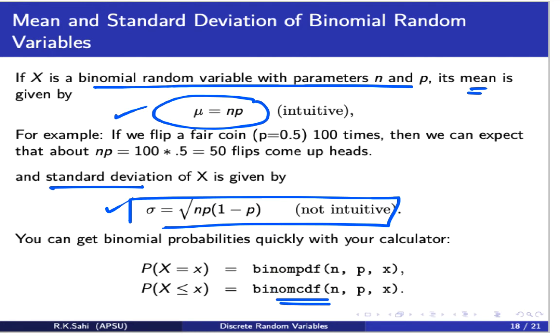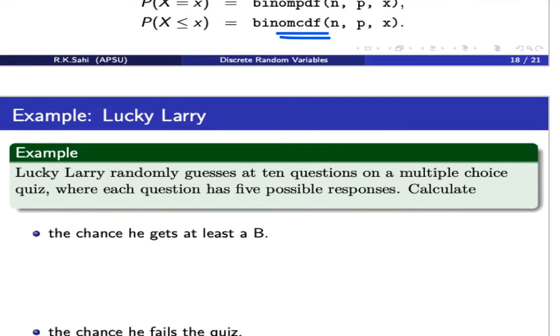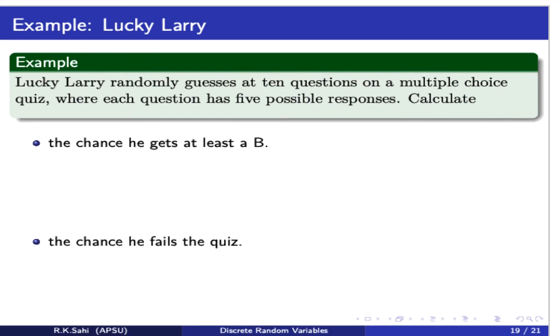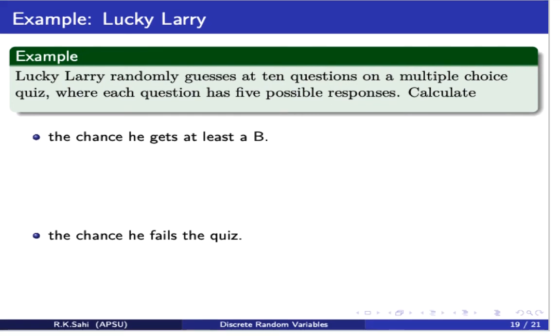Now I'm going to show you an example which uses binomCDF. We have done a lot of practice of binomPDFs. So we have lucky Larry. Lucky Larry randomly guesses at 10 questions on a multiple choice quiz where every question has 5 possible responses.